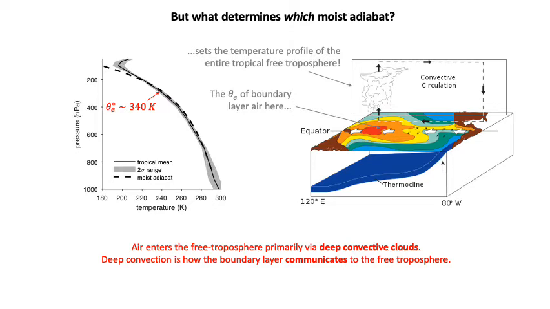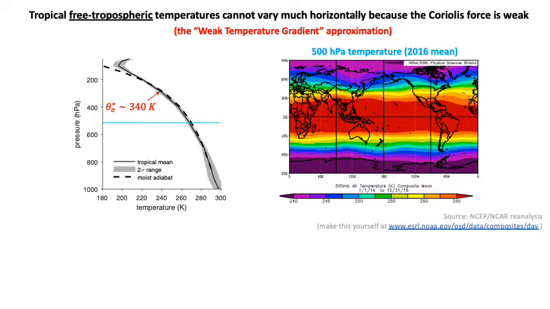So why is it across the entire tropics? There's still a second step here. This is because tropical free tropospheric temperatures cannot vary much horizontally because the Coriolis force is weak. This is something we call the weak temperature gradient approximation that's often used.